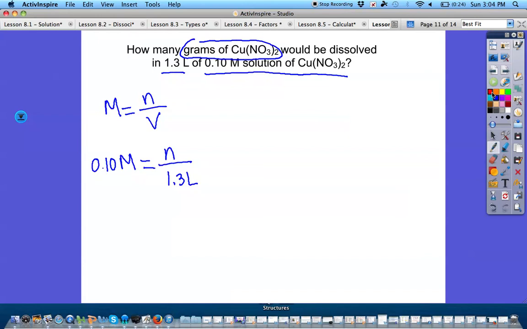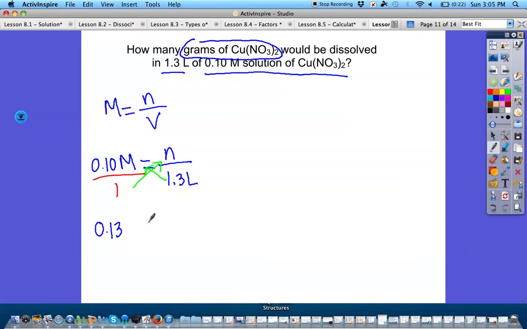So what we're going to do is some cross multiplication. Anytime you have a whole number, you can put it over 1, and then you're just going to cross multiply. So you're going to take 0.10 times 1.3, and that should give you 0.13.